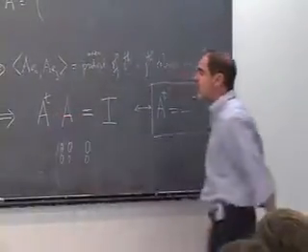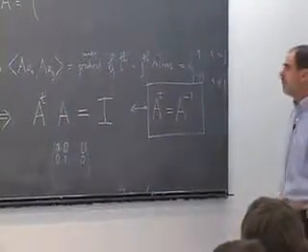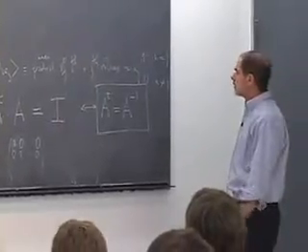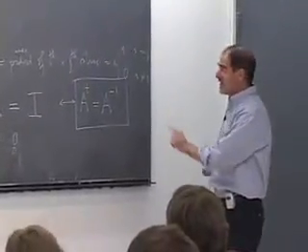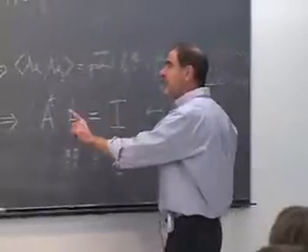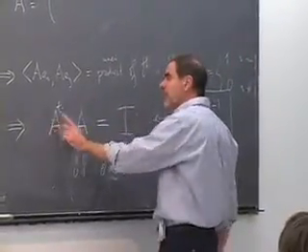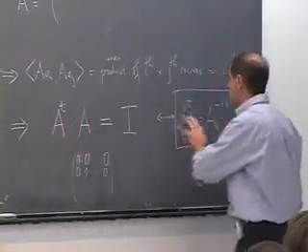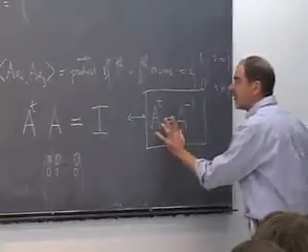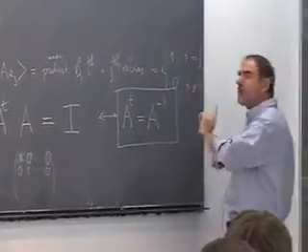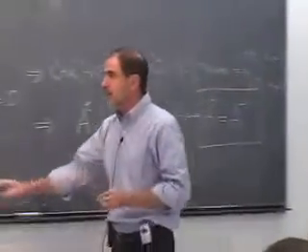A times A transpose is the identity. Okay. Conversely, I claim that if we have a matrix such that the product of its transpose times the matrix is the identity, or the matrix transpose is its inverse, then it gives a transformation that preserves the inner product.